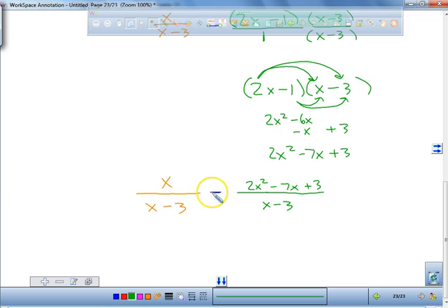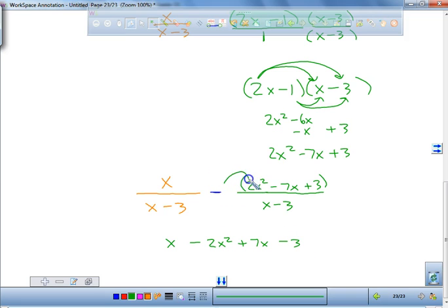Now, when you take away all of this, you have to take away all of it. So what's going to happen to every single number inside of here? It's going to become the opposite of what it was before.